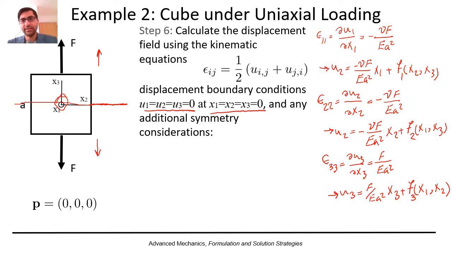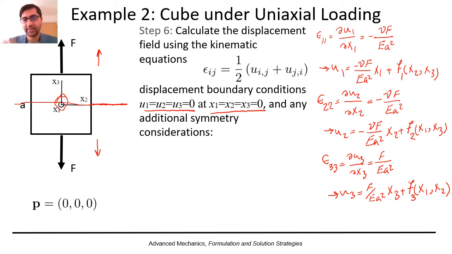Okay, so basically at x1 equal to 0, x2 equal to 0, x3 equal to 0, the displacement should be 0. So if I set x1 to 0, u1 should be 0.